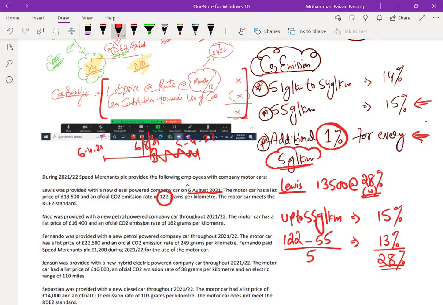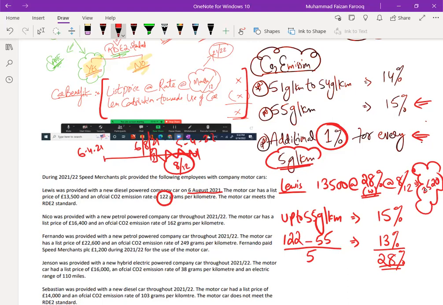August, September, October, November, December, January, February, March, 8. Yes, you are right. 8 by 12. So the car benefit we got, the answer, how much? 2520. That's how we are going to calculate car benefit.